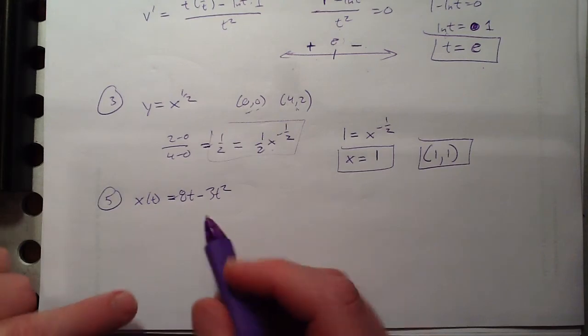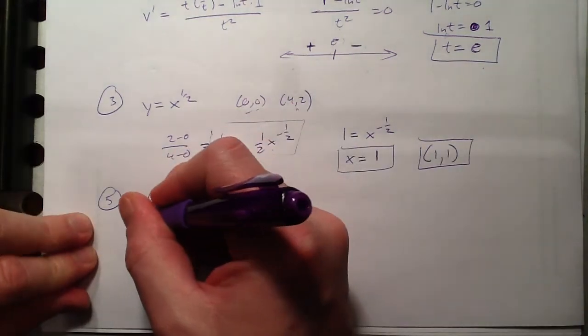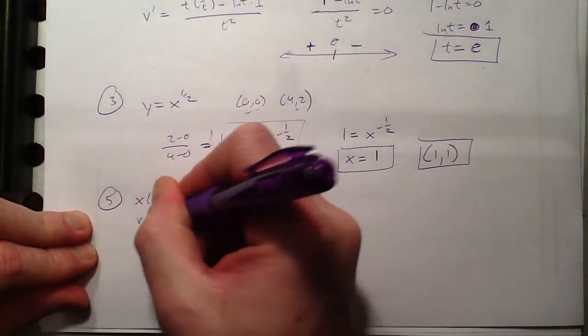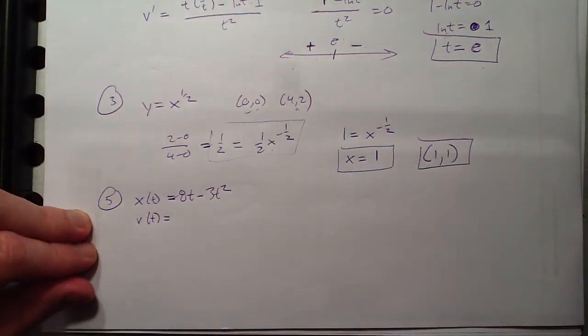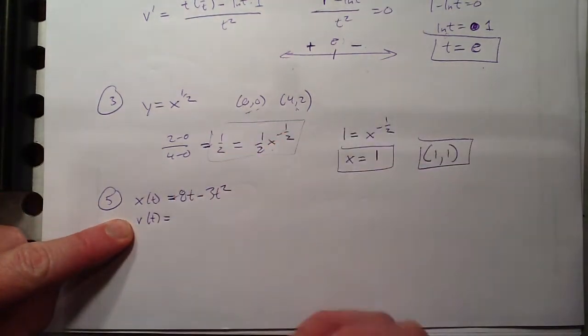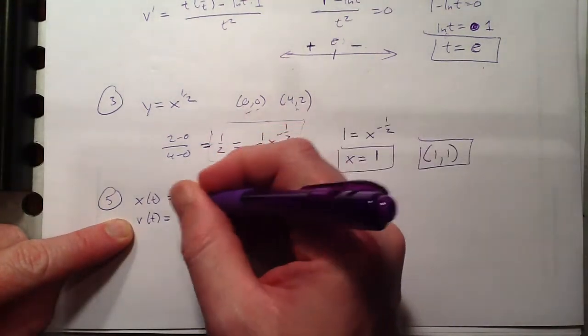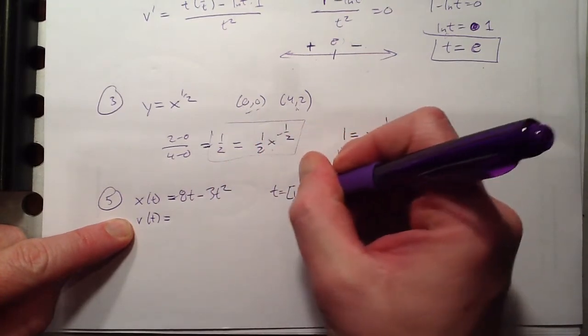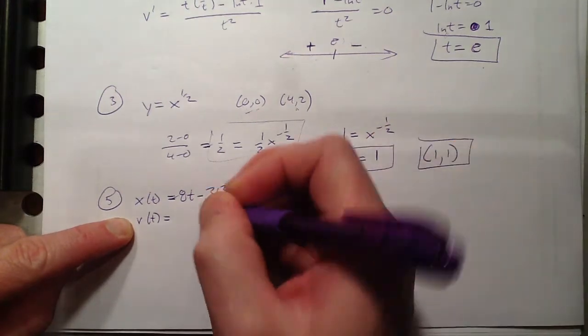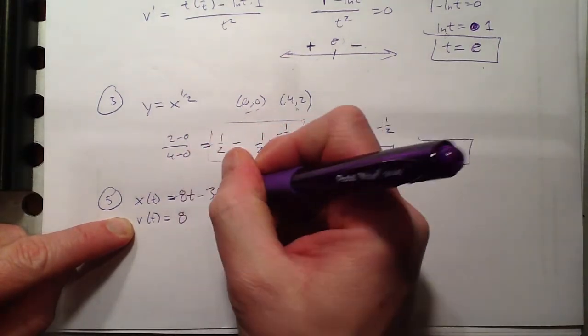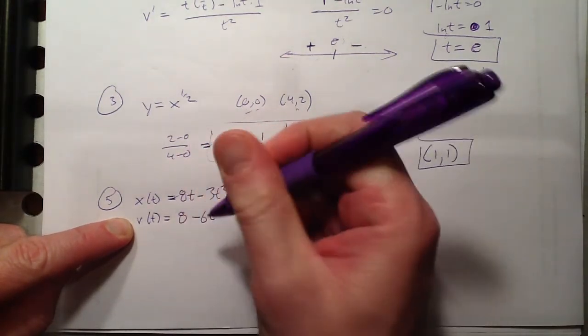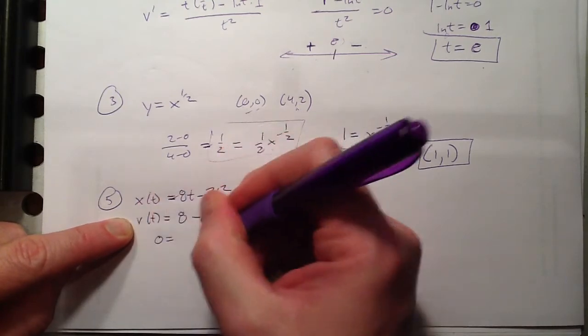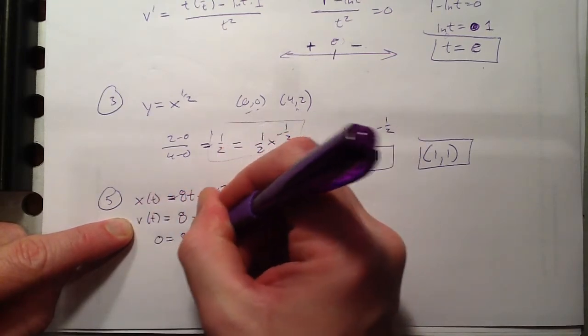All right. Well, we've got to make sure there are no turnarounds here. So the velocity function, why am I finding the velocity function? I'm trying to see if it ever turns around between 1 and 3. So let's see. The derivative of that would be 8 minus 6t, and that means the velocity would be 0.